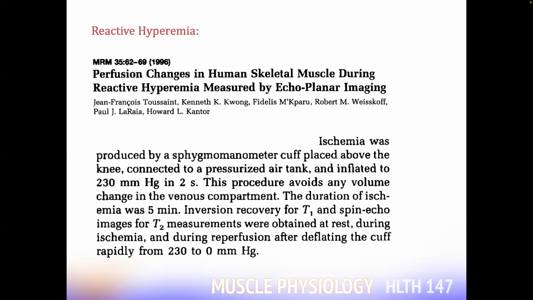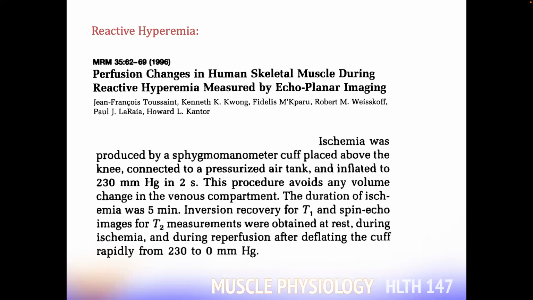There was some men, some women, some young, some old, some healthy. There were healthy volunteers, and then some were patients with potential perfusion abnormalities. And they put a cuff on them, inflated it, and induced 5 minutes of ischemia. And then they released the pressure and watched what happened.